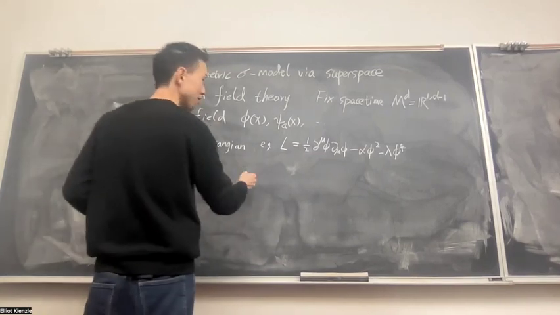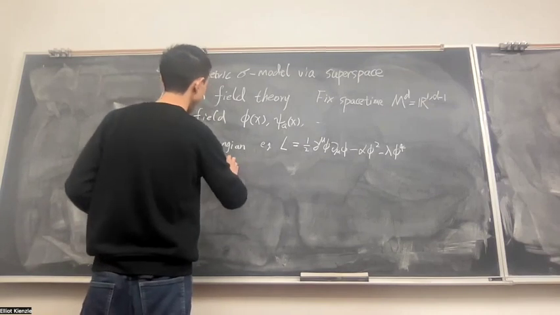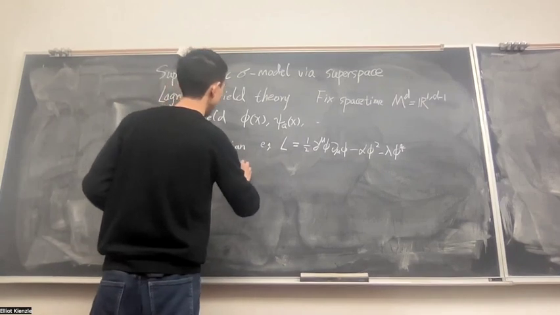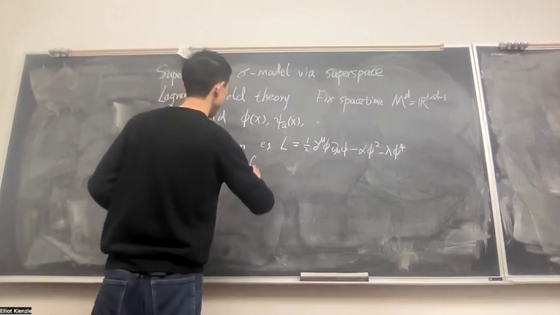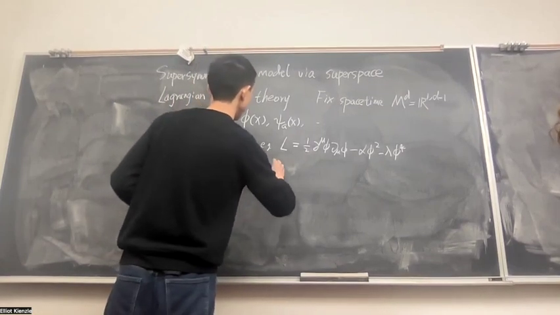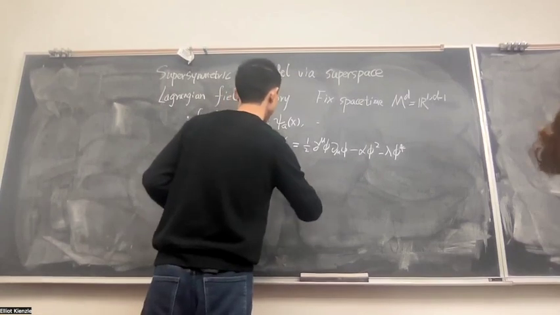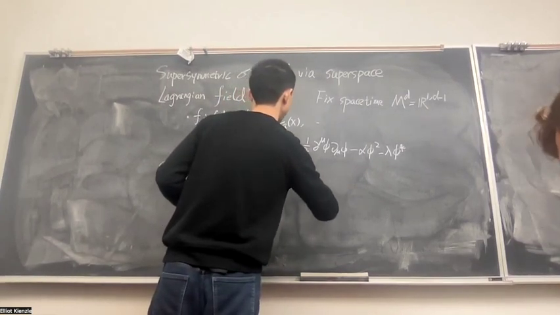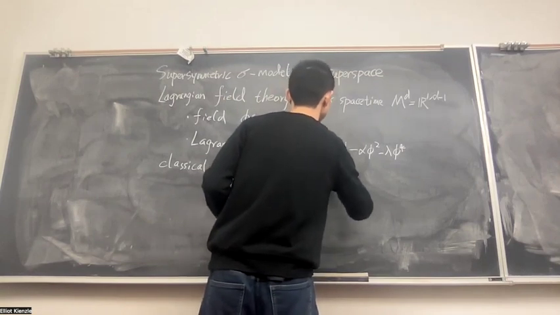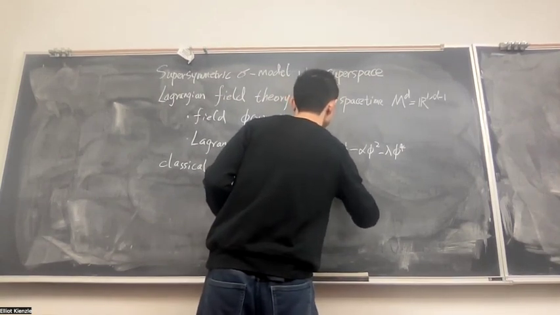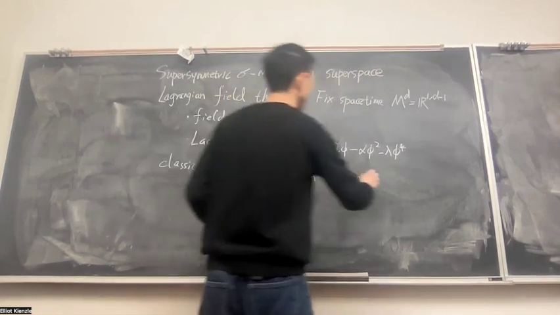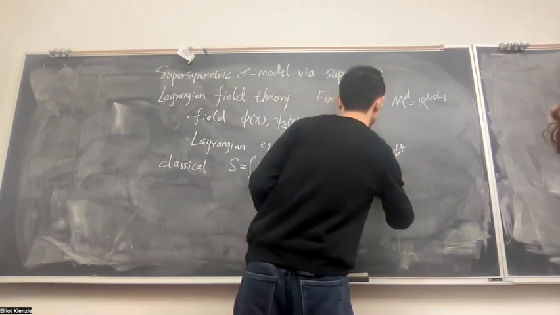If you're doing classical field theory, you define your action S to be the integration over all spacetime of L. And you want to look at phi so that the variation of S equals 0. This will give you some equation for phi, which is usually called the equation of motion.